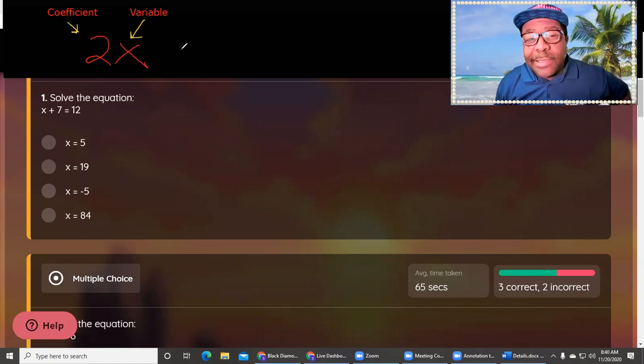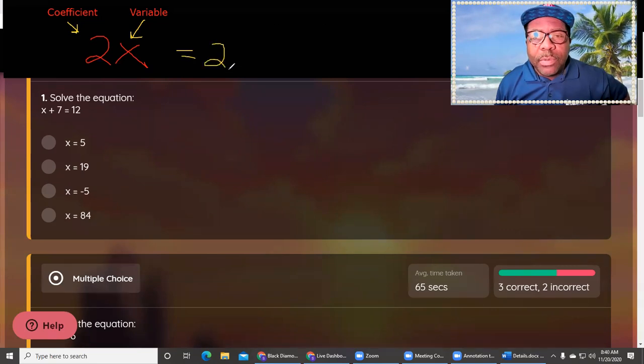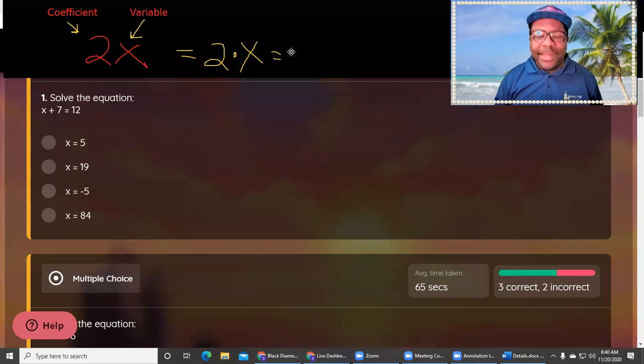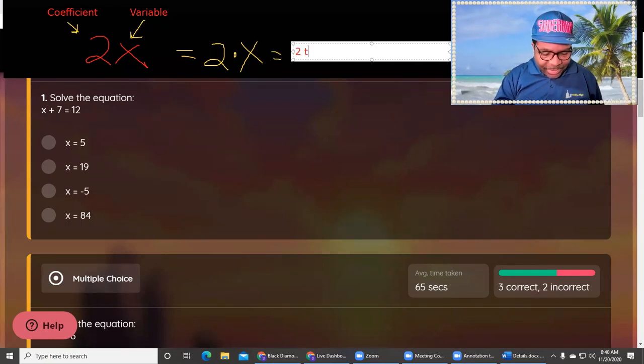And 2x actually equals 2 times x. Whenever you see the letters right next to each other, they're telling you they're really being multiplied. So 2x is actually 2 times x. If you were going to write it out in language, it would be 2 times x.